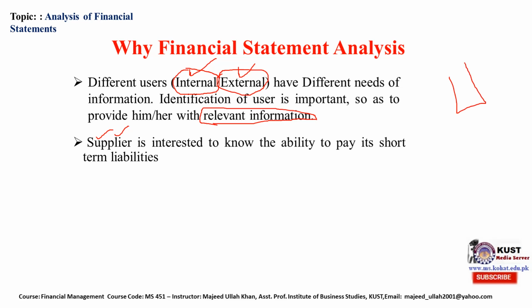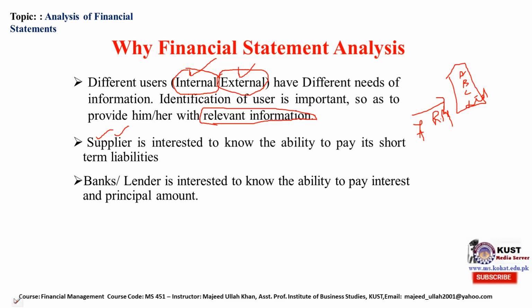For example, this is ABC Limited, and this supplier supplies it raw material or goods on credit, so he will be interested in its short-term obligation paying ability.